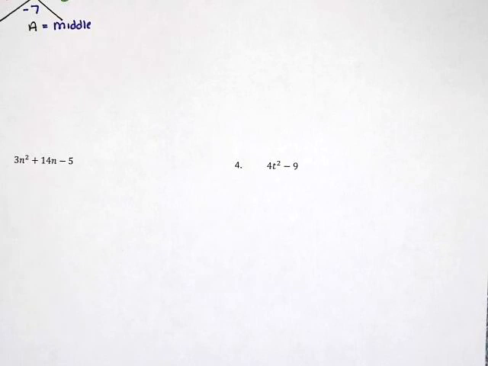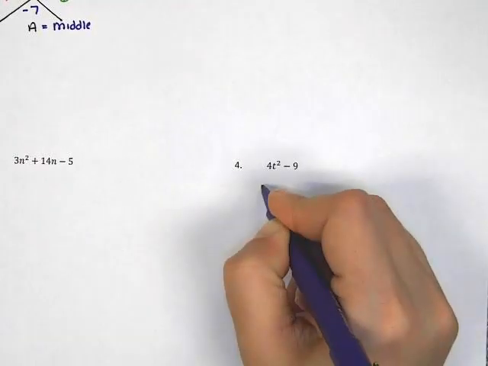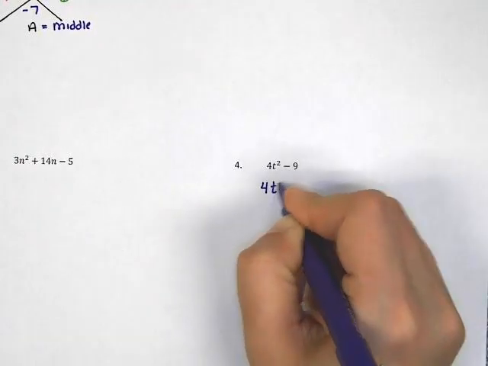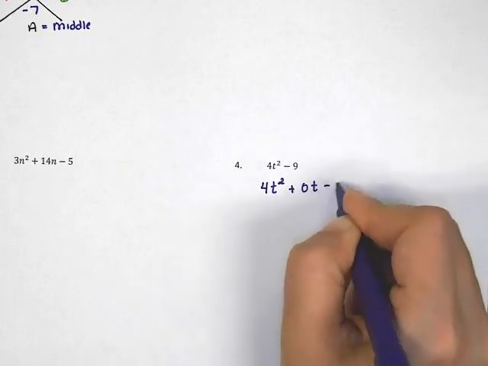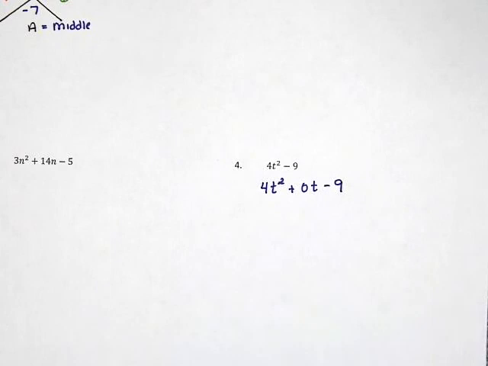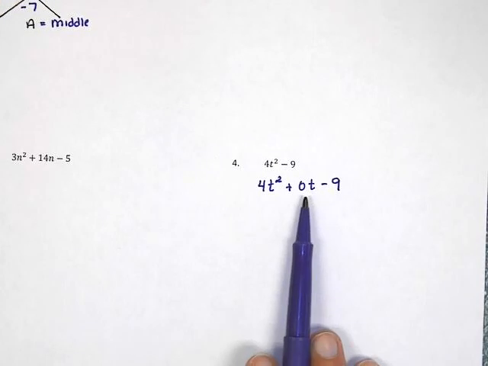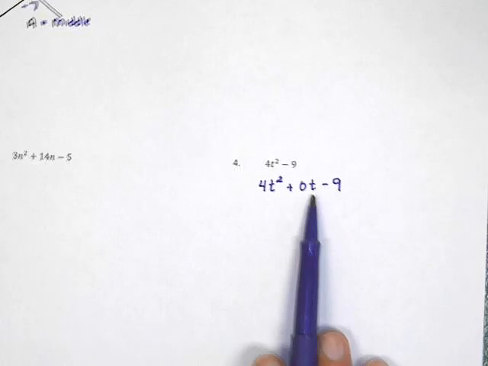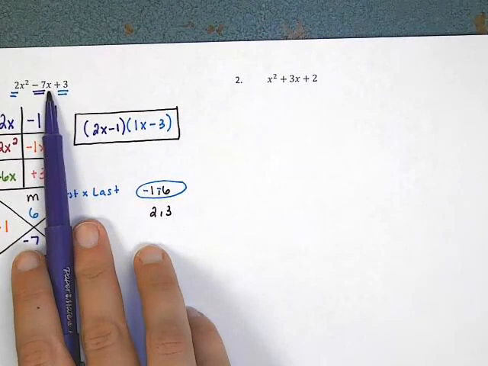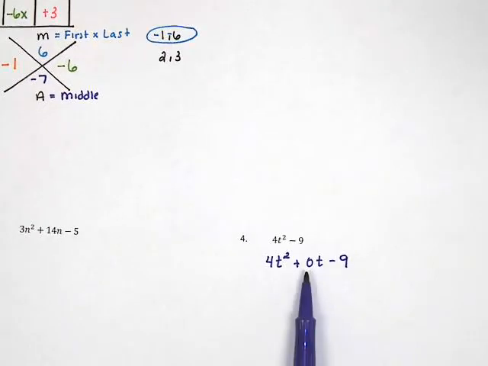When we've seen that before, we saw that that happened when the middle numbers, the ones that we combined, make 0. So the first thing you're going to want to do here is fill in the middle number as 0t. Just like there was a 7x here, all that happened here was that there were none of them left.